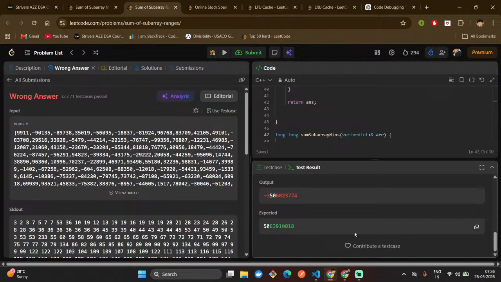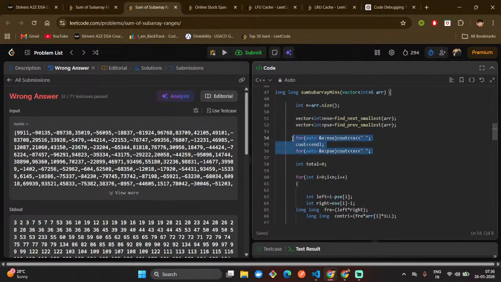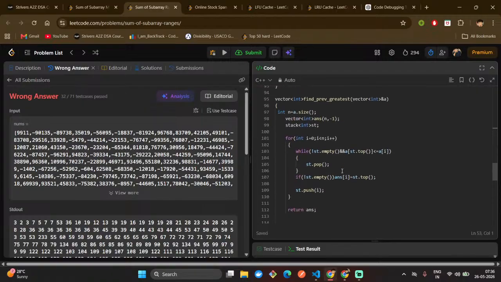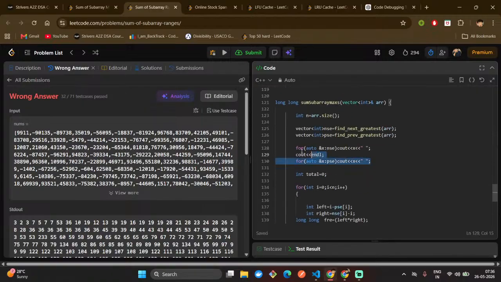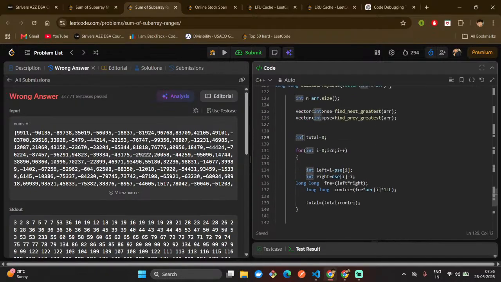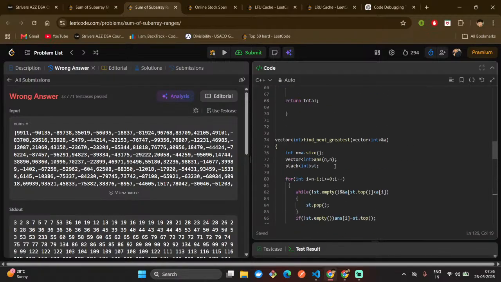Again, wrong answer. Why? Why is it printing this much? Just remove this. Just convert all to long.